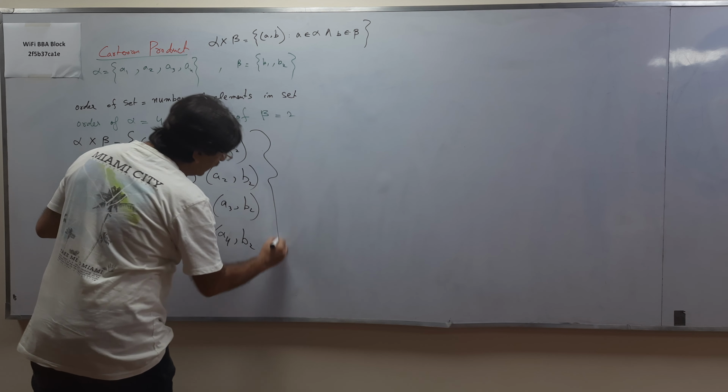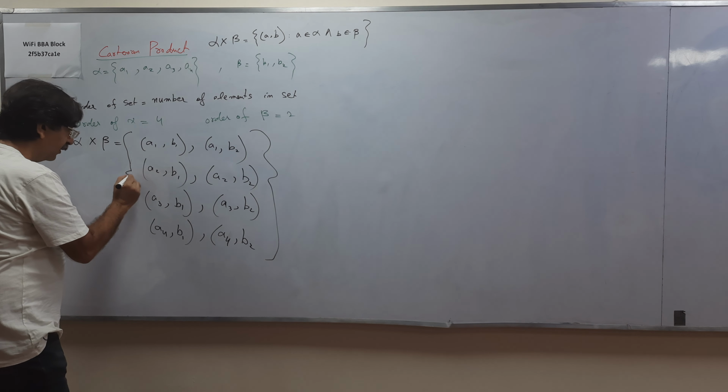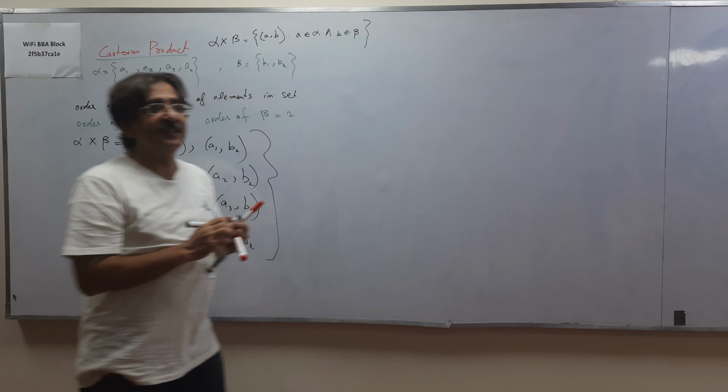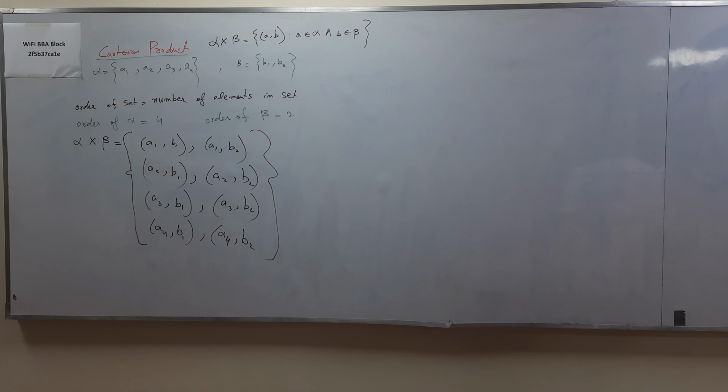So these are the elements of the set alpha cross beta.